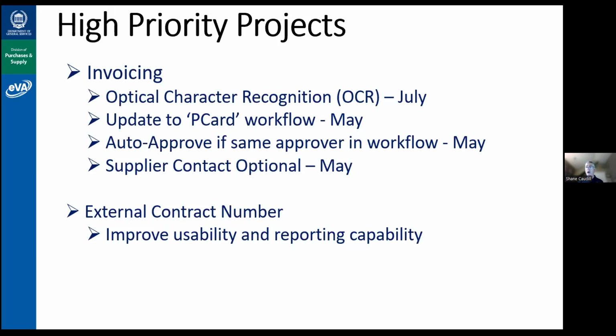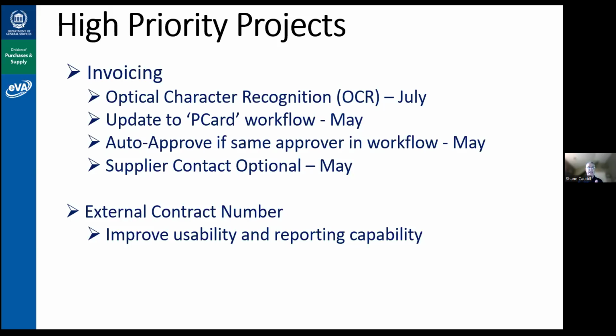But we know there's not a perfect fit to every scenario. We've also got a lot of entities that do not use our contract module because they're not completely under our purview, like you folks in executive branch.